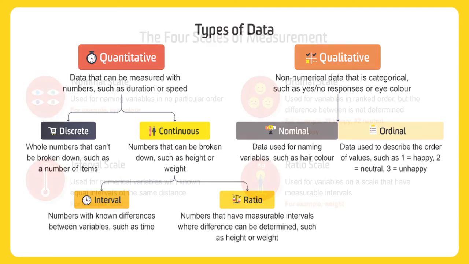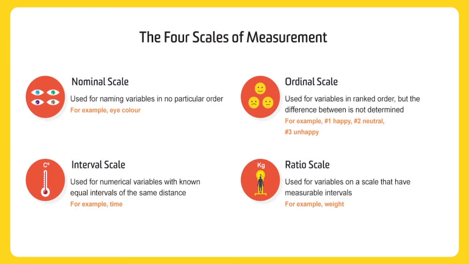So now moving towards the scales of measurement in a very useful way. First is the nominal scale. As I have mentioned, nominal scales are used to classify objects. The values are assigned arbitrarily.